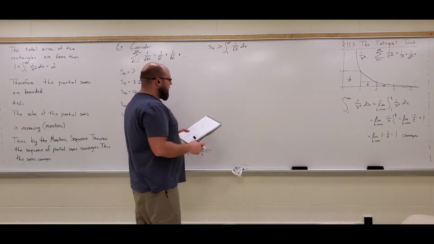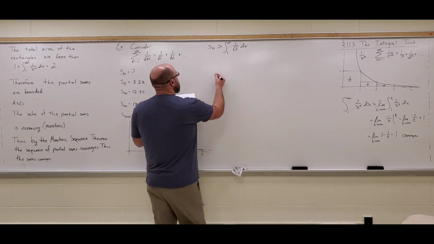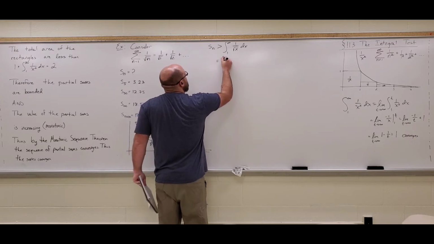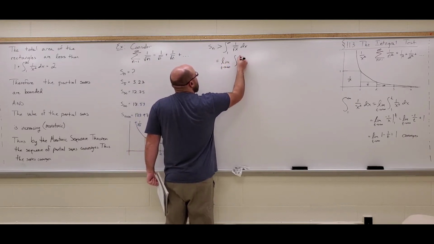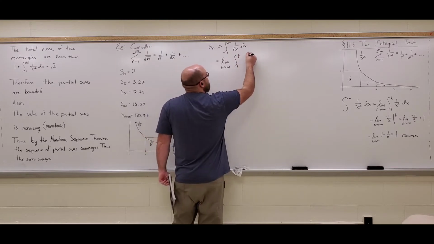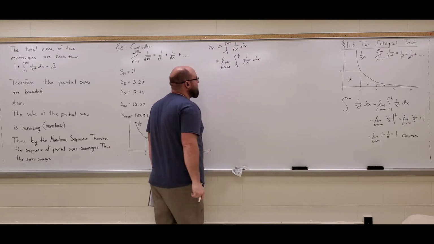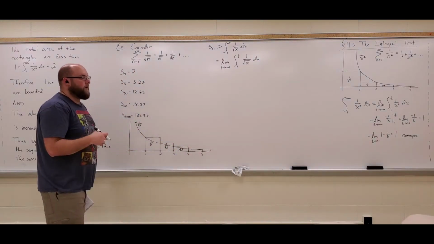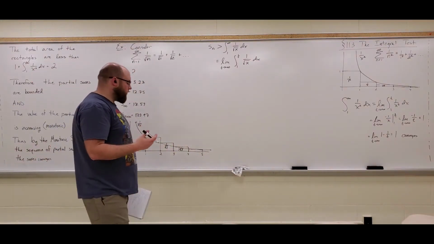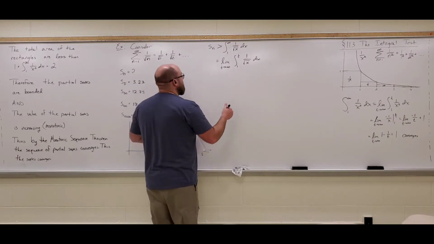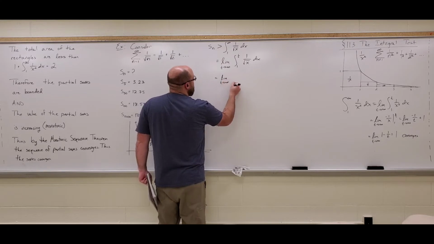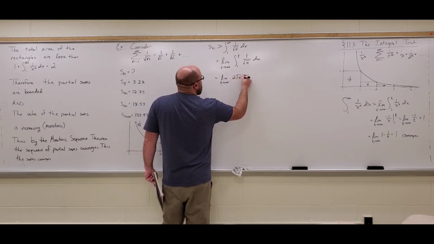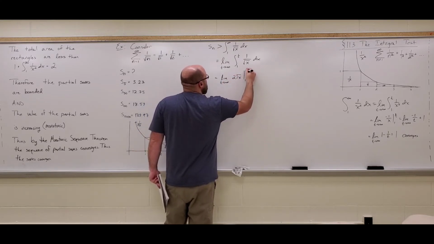So let's solve this right-hand side, see what's going on. Well, when I do that, I'm going to get the limit as t approaches infinity of the integral from 1 to t of 1 over the square root of x dx. Okay, so we can bring that up, make it a negative 1/2 power, add 1 to it, and so we are going to get, in the end, the limit as t approaches infinity of 2 square root of x from 1 to t.